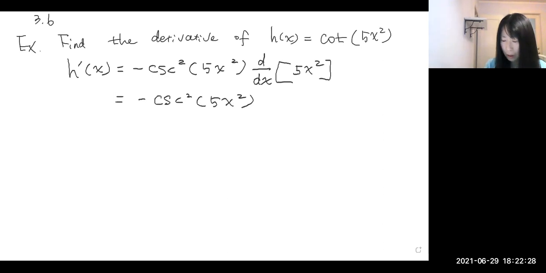Okay, so let me write it down in front so that we don't multiply 5x squared and 10x. So negative 10x cosecant squared of 5x squared. Number 4.